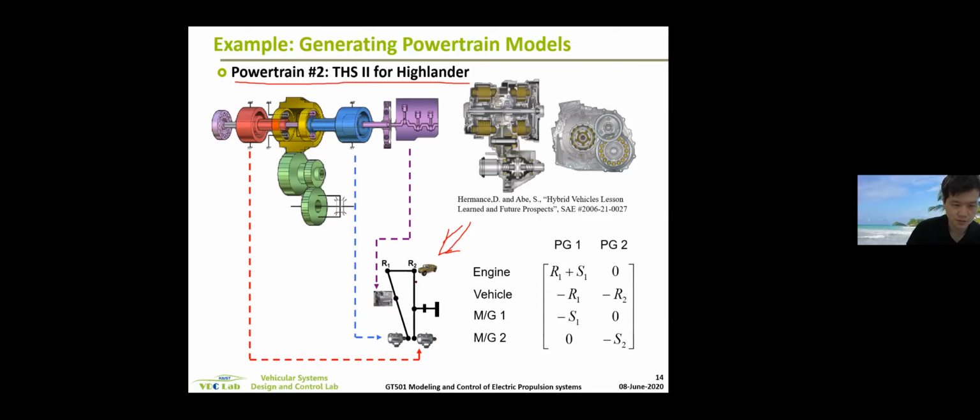The second PG is used as a speed reduction gear. So one is grounded. So you put two rows and then 4 components, and then you repeat the process. Boom, that's it.